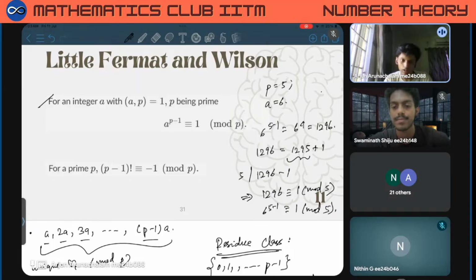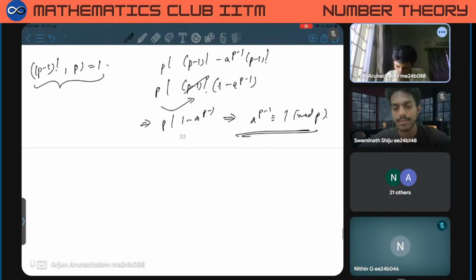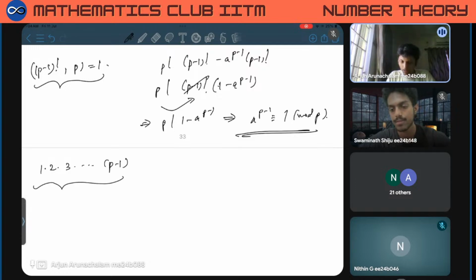Fine, I'll just prove it, I guess. So it kind of follows the same thing, right? That each of them has a unique residue modulo this, right? So when you multiply all of them, 1 up to P minus 1, each of these, oh wait, one second.